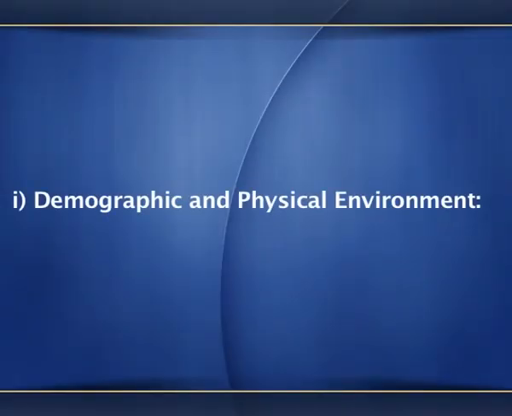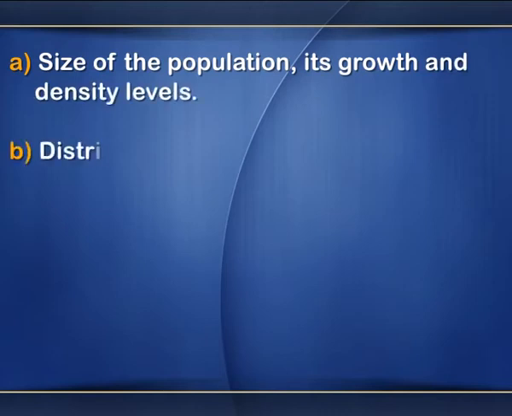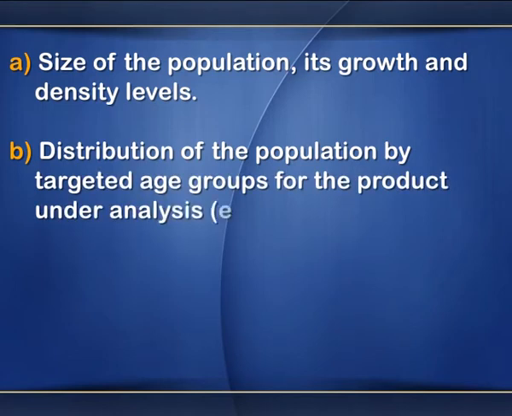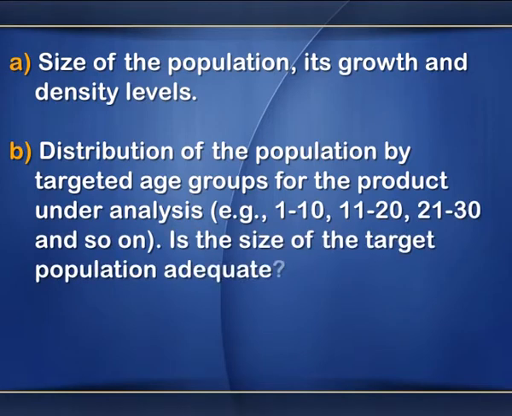First, demographics and physical environment. The impact of the demographics and the physical environment can be analyzed by considering the following factors. A. Size of the population, its growth and density levels. B. Distribution of the population by targeted age groups for the product under analysis, example 1 to 10, 10 to 20, 20 to 30 and so on. Is the size of the target population adequate?